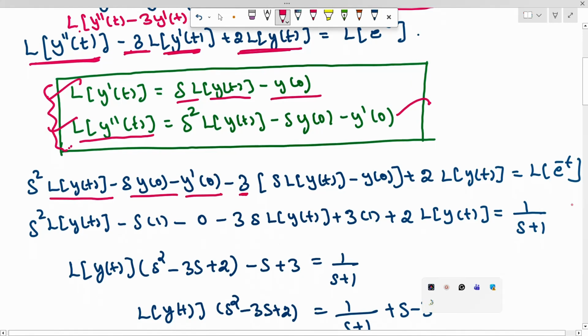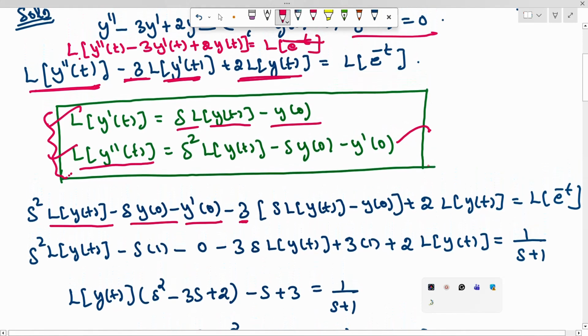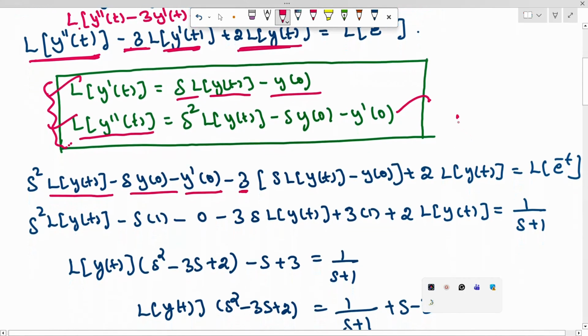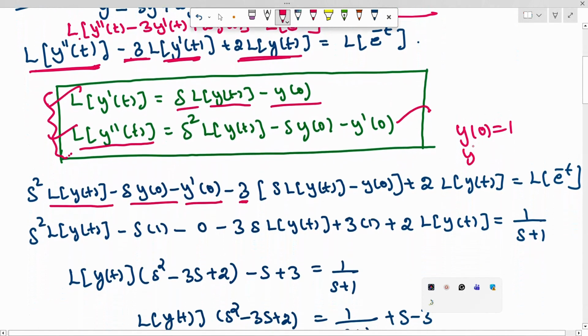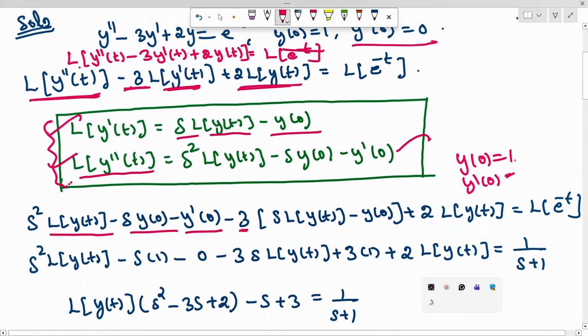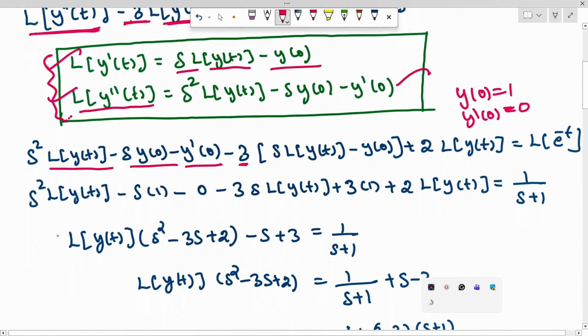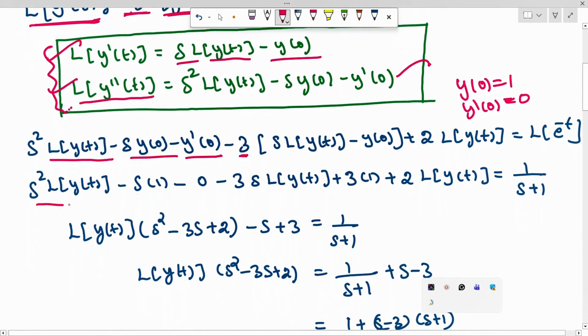Now we are going to apply our given initial values. What are the given initial values? First one is y of 0. Look at this: y of 0 equal to 1 and y dash of 0 equal to 0. First term is s square into L of y of t minus s into y of 0. Our given initial y of 0 value is 1, so substitute here s into 1 minus y dash of 0.